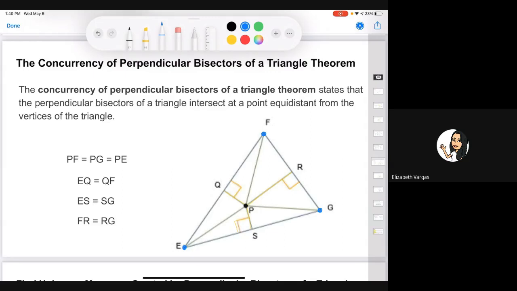So that middle point, that P, is going to be equidistant from this vertex as it is from this vertex, as it is from this vertex. Okay, so incenter dealt with angle bisectors and its equidistance from all the sides. Circumcenter deals with perpendicular bisectors and its equidistance from all the vertices. So there you can see the differences.